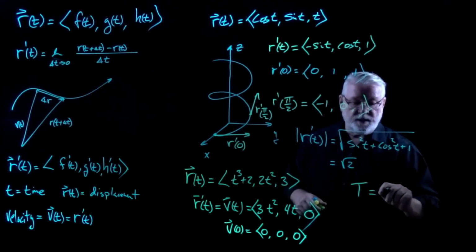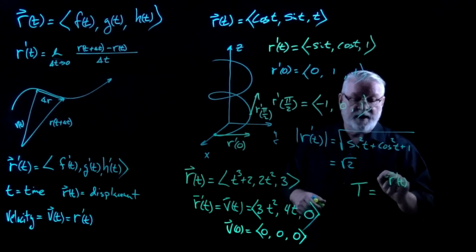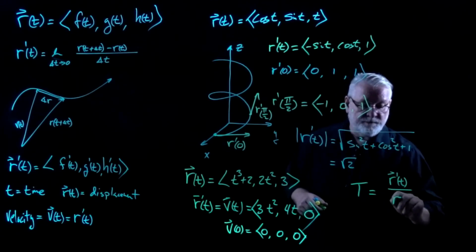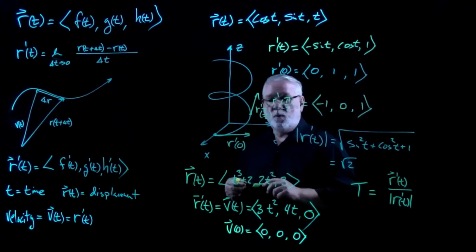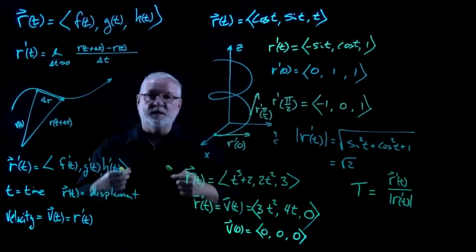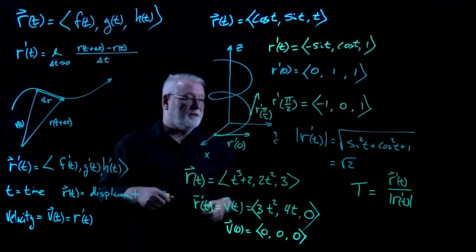T, of course, will be equal to r prime of t, the actual vector itself, divided by the magnitude of r prime of t. By dividing any vector by its own magnitude, we can virtually guarantee that the magnitude of the vector formed will be 1. It will be a unit vector.